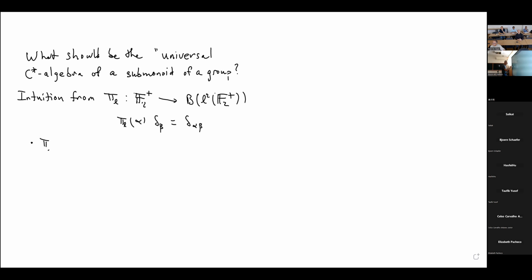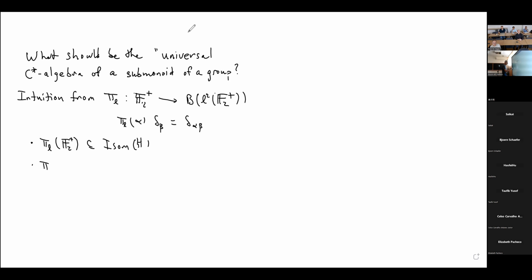First of all, the image of F2 plus sits inside the isometries on H. Right, so this is a representation by isometries, and of course it's a representation.